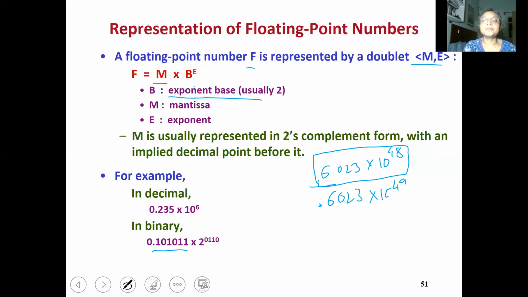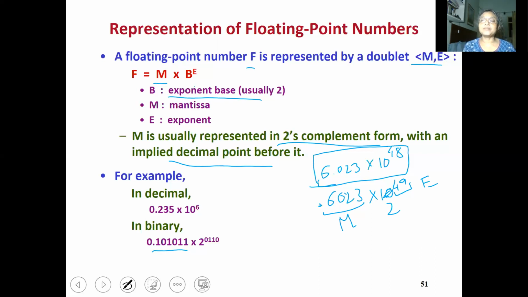Once we adopt this convention, we can use this to be the mantissa and this 49 to be the exponent, and this base typically in the binary system we will use as 2. So for this number m, we assume that there is an implied decimal point before it, and m can be both positive or negative, and therefore we represent m in 2's complement form with the assumption that there is a decimal point before it. And the exponent is also represented in 2's complement form.